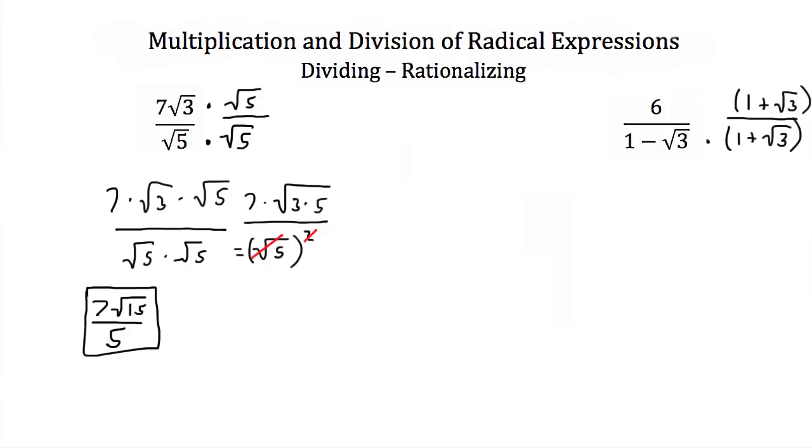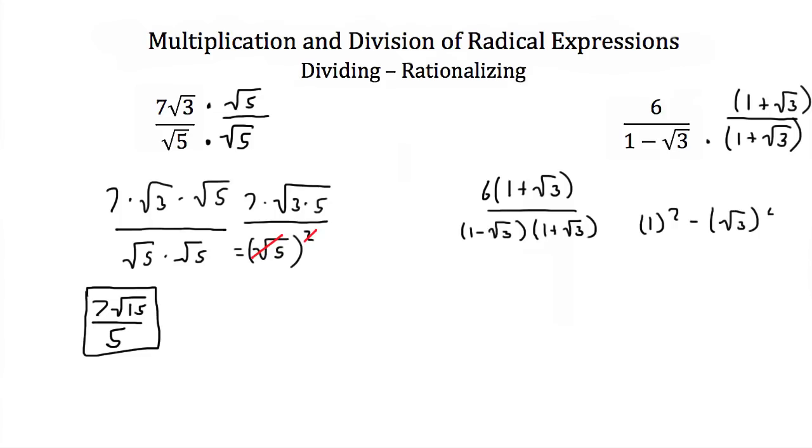So what we're going to have here is 6 times 1 plus the square root of 3 divided by 1 minus the square root of 3 times 1 plus the square root of 3. Now again, my denominator, this is the difference of two squares. This is going to be equal to 1 squared minus the square root of 3 squared.